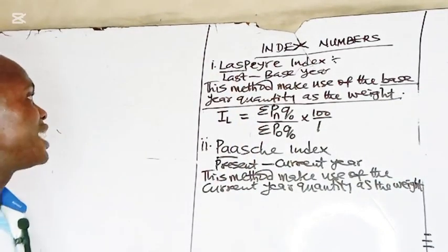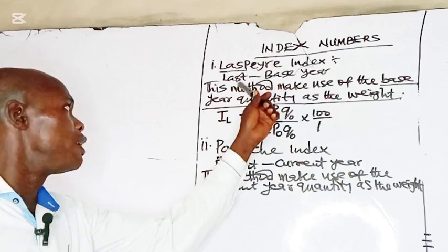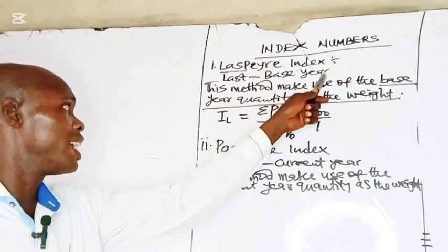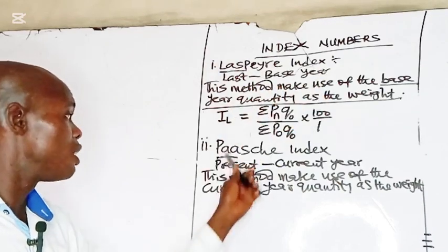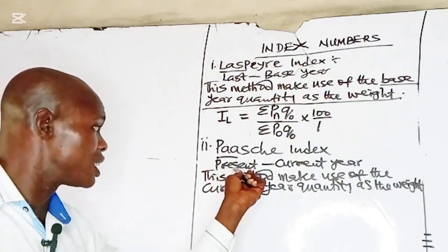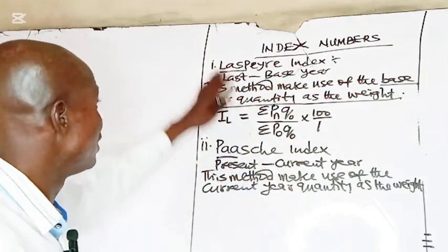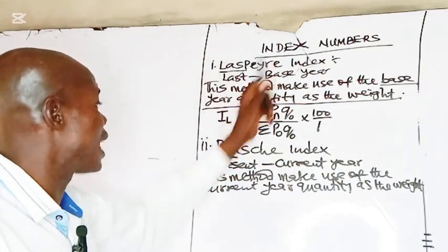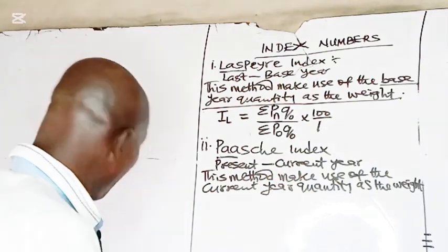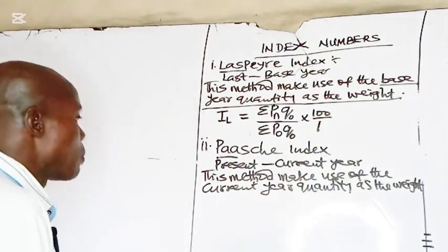Remember, the Laspeyres makes use of the base year quantity as the weight, while this one makes use of the current year quantity as the weight. So that is the difference between the Laspeyres and the Paasche.